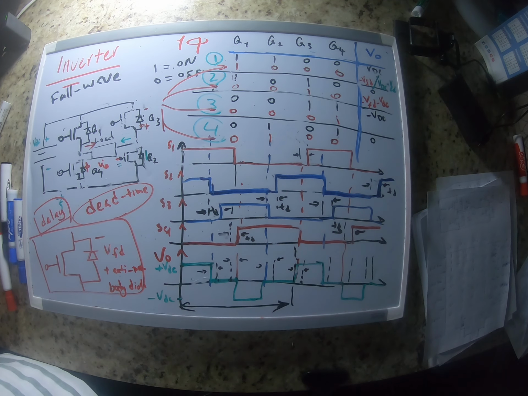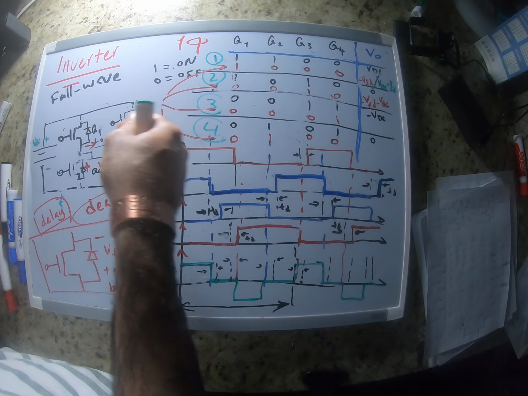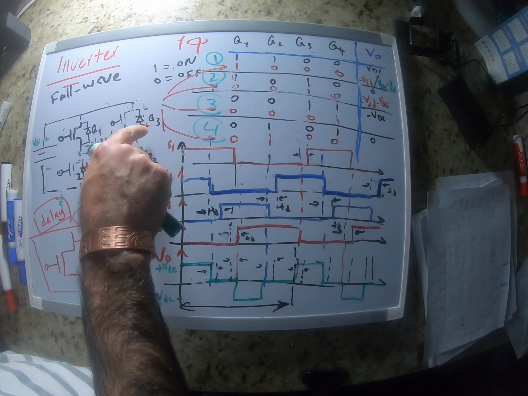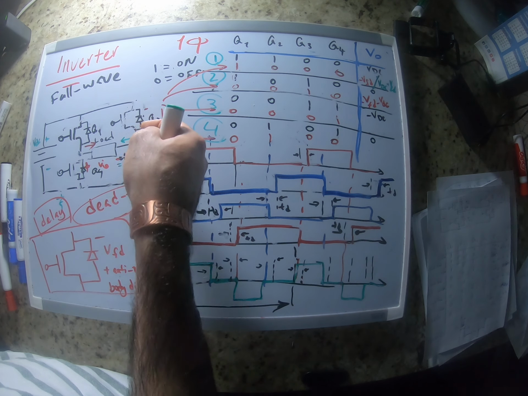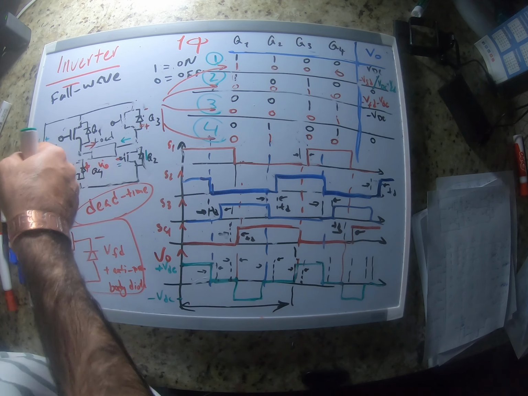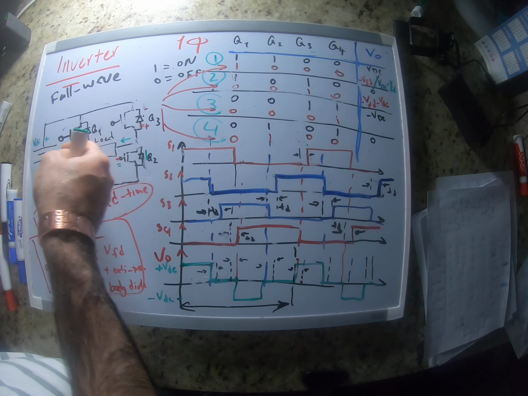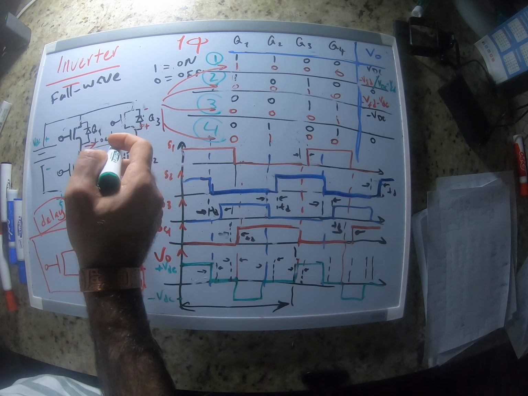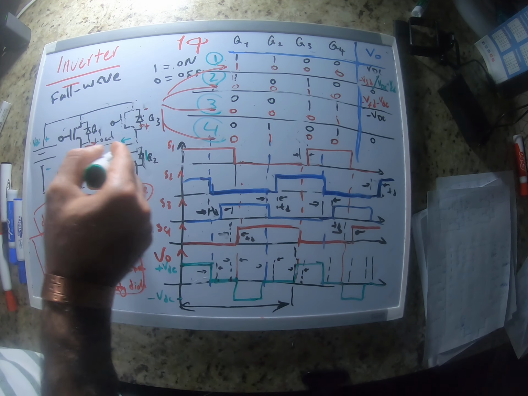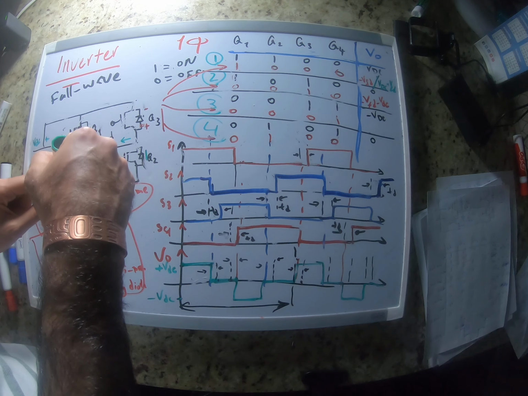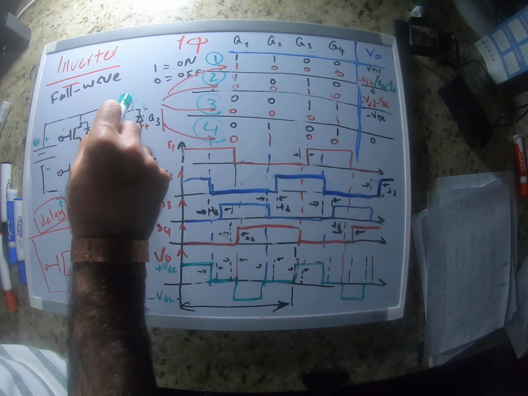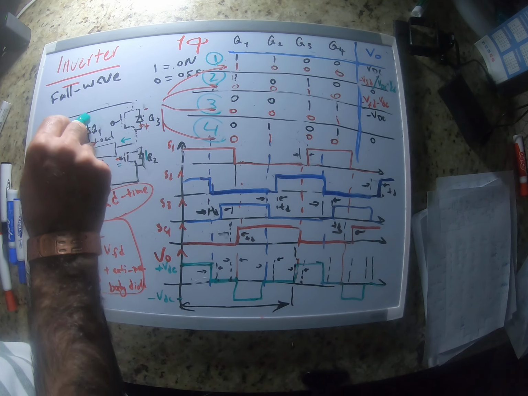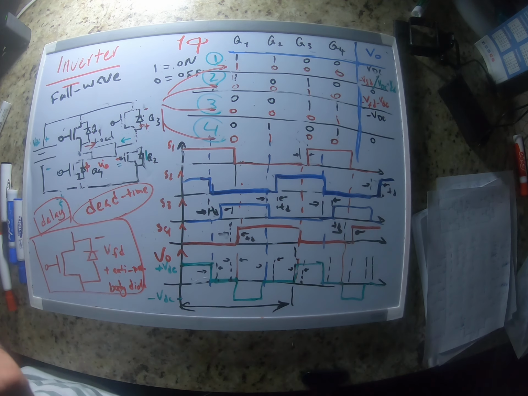What if the current in the load is going that way? Switch 3 is on, so this switch is on, and we have a current going this way. This current now needs a path to go through. This time it chooses this diode, because the other diode cannot let the current go this way. So switch 3 and diode 1 are going to conduct.